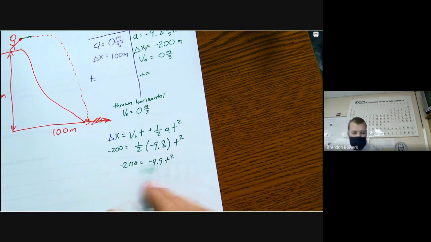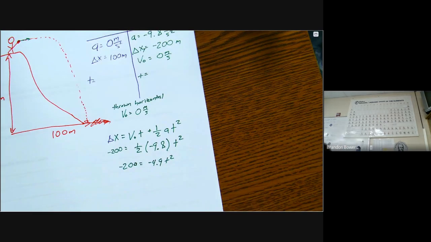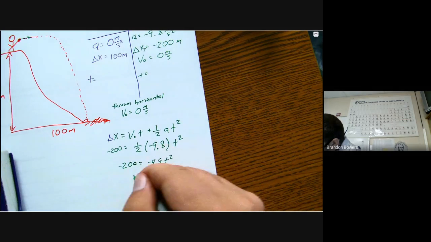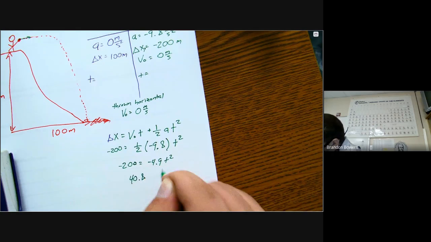Divide that over. I need a calculator. I don't think I can do that in my head. It's probably close to 40. 200 divided by 4, I got 40.8 is equal to t squared.